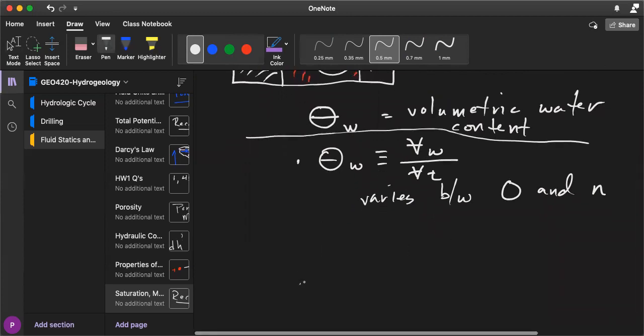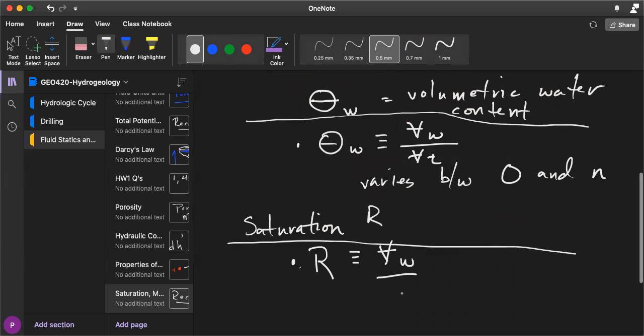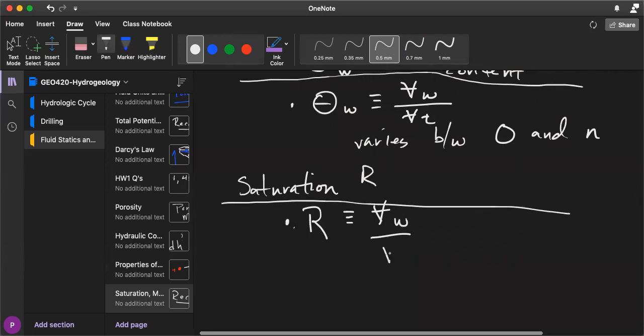All right, another one that we use then is saturation, S. And it's defined as the volume of water over the volume of the voids.